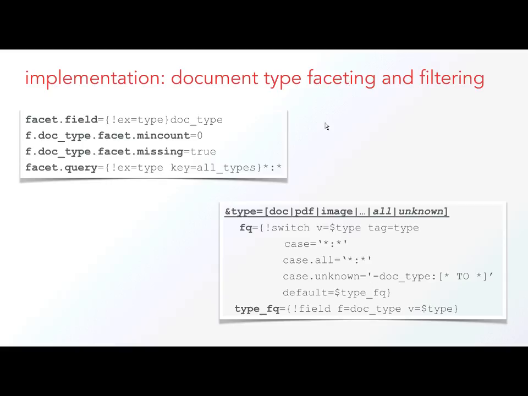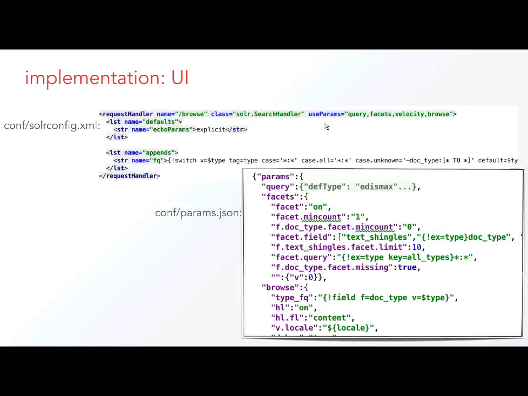You may not have seen that one either, but that's a pretty handy one to narrow the query parsing down to just a particular field and just a value. And the value again here is indirected with that $type. So it pulls in the parameter from the outside, from the browse URL that the user clicked on that says type equals PDF. So that gets substituted in there. So again, a fair bit of little magic going on.